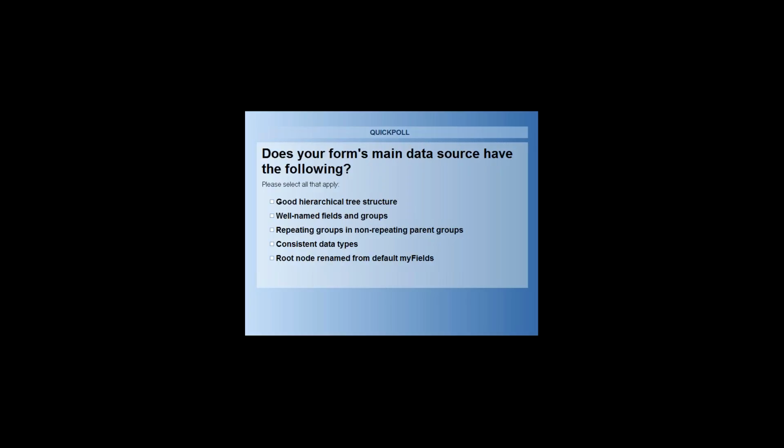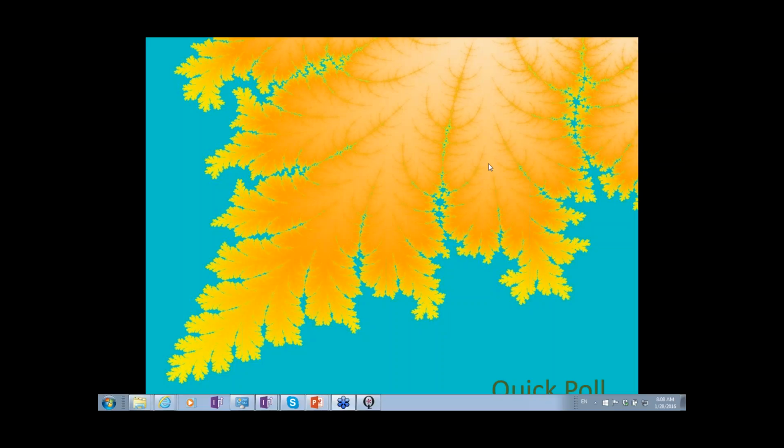Okay, so it looks like most of you have well-named fields, 95%. 63% of you have consistently good data types, and 58% good hierarchical structure. 53%, obviously this is hitting a pain point for you, repeating groups and non-repeating, and then the worst one here is root node. Only 26% of you have renamed your root node. Well, thanks for playing the poll. This is just to get our awareness around what we're going to talk about today.